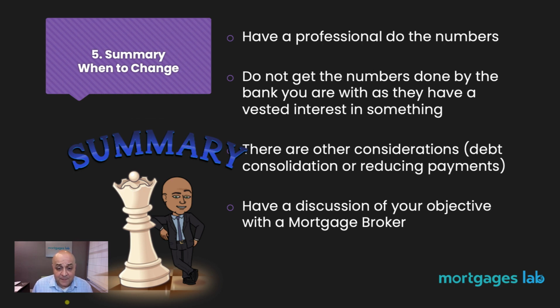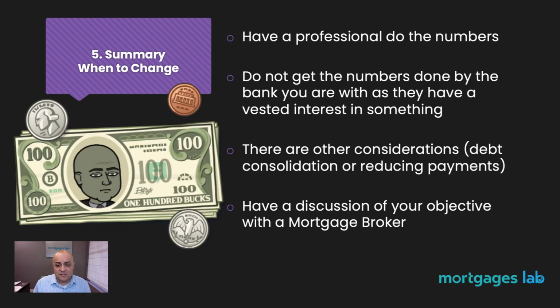Okay, and there are always other considerations. The examples that I show here are crystal clear, where there are no other considerations. But sometimes you have high interest debt, like perhaps high credit card debt, whatever, that you can consolidate. And if you're paying 18%, it sweetens the deal, because now you don't have to pay that 18% anymore.